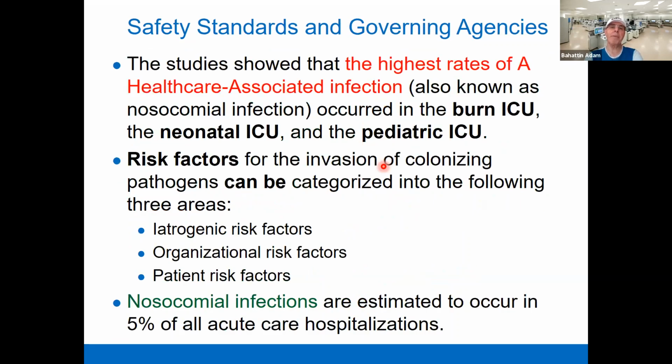Now, other studies show that the highest rate of healthcare-associated infections, also known as nosocomial infections, occur in the burn ICU, the neonatal ICU, and the pediatric ICUs. Why do the most common nosocomial infections occur in the burn ICUs?